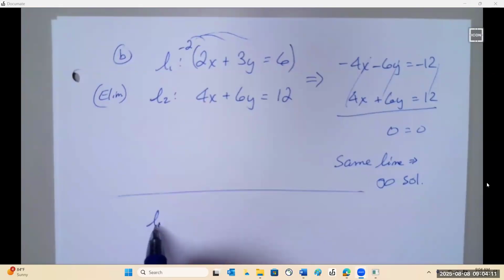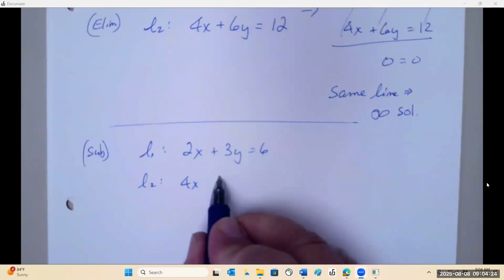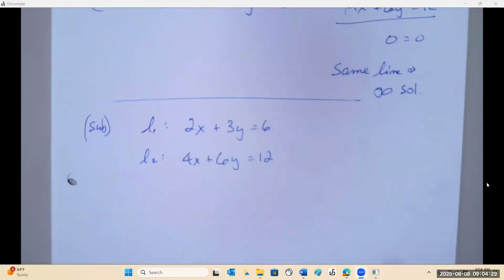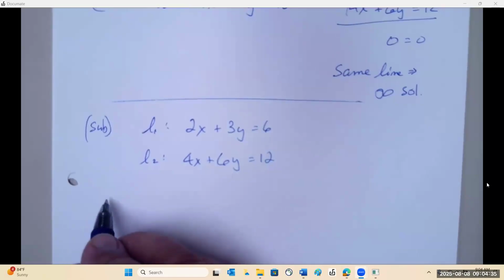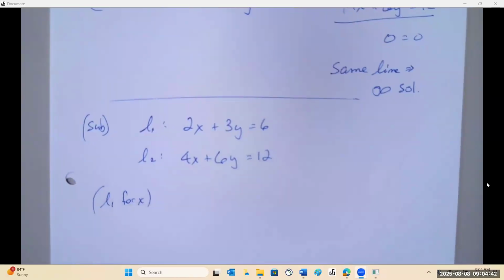If we did substitution, what would it look like? So which line, which variable do you choose and solve for? Since we're on a roll, let's use 1 and we're going to solve for x.